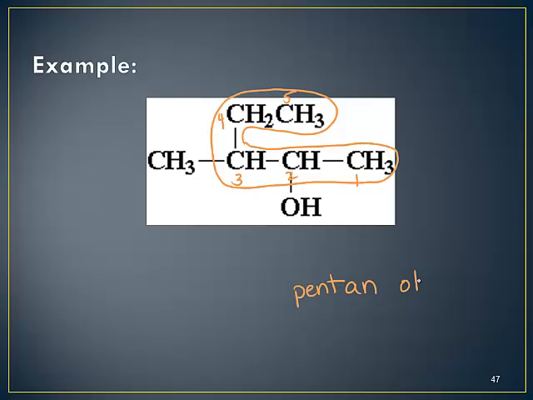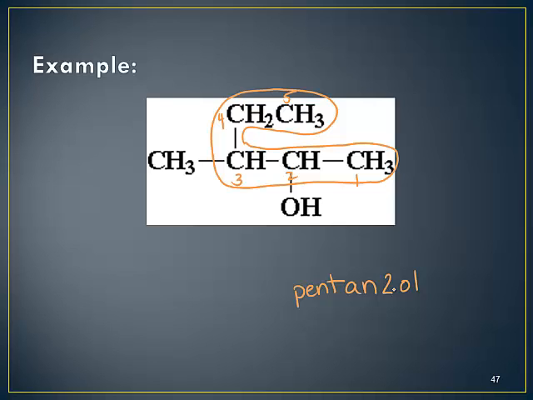The difference here is that because you can have alcohols which are on alkenes or alkynes, we don't put our number in front of the pentane or in front of the pentene, etc. You put it between the -ane, -ene, and the -ol. So in this case, our -ol group is attached to the second carbon.